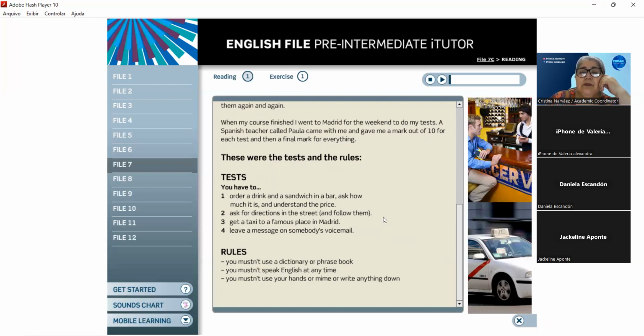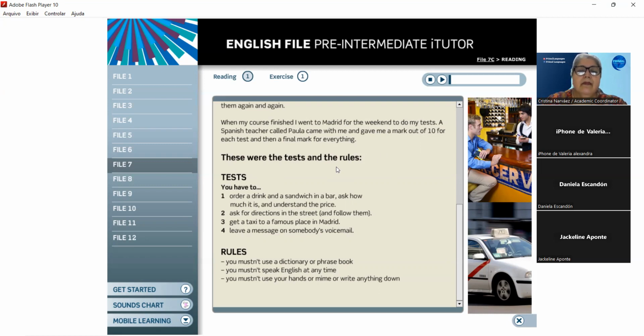Continue, teacher? Yes, please. Okay. These were the tests and the rules. Test. You have to 1. Order a drink and a sandwich in a bar. Ask how much it is and understand the price. 2. Ask for directions in the street and follow them. 3. Get a taxi to a famous place in Madrid. 4.